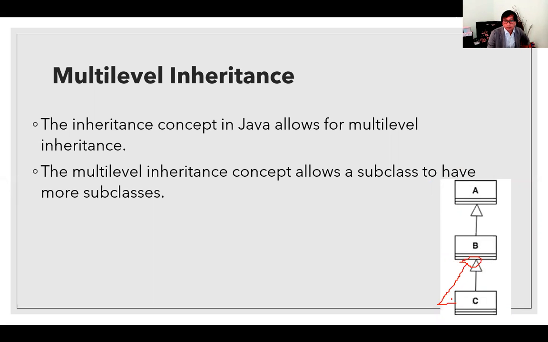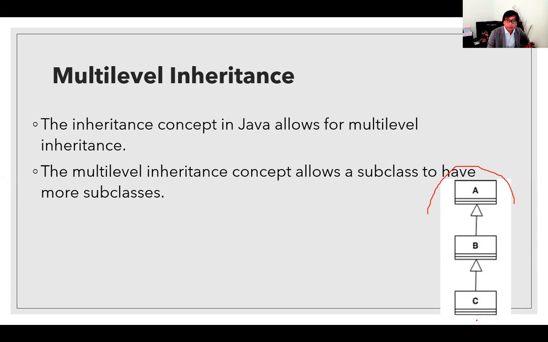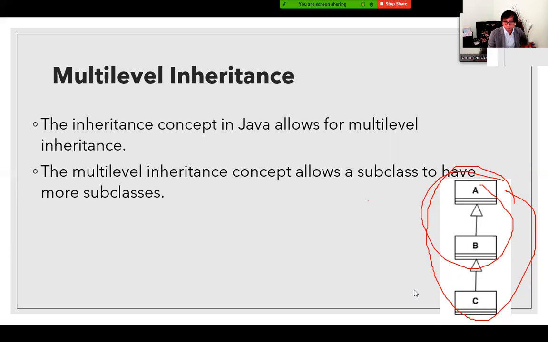So this has more advantage than the single inheritance concept, where we need the class C to have all the attributes and all the methods that belong to the parent and the ancestor.